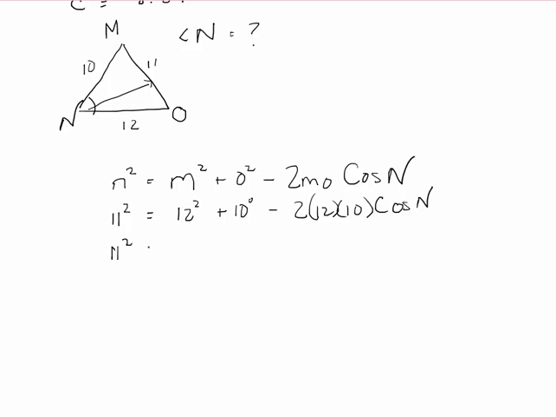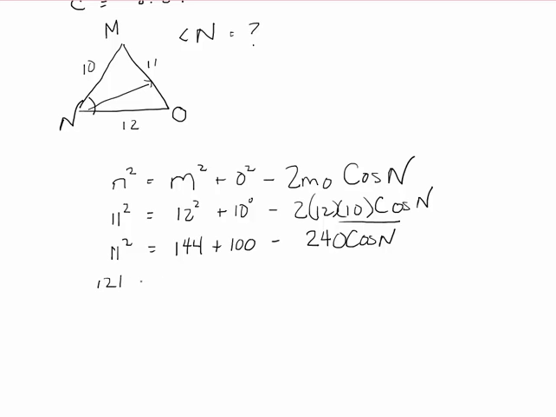Again, I'm going to go through all of the steps to be sure that everybody can see where our numbers are coming from. Order of operations is going to be very important in this question. So keep in mind that this is multiplication all the way across. So I cannot work from left to right here. I can't solve 144 plus 100 minus 240 because these are attached, so to speak, because it's multiplication.